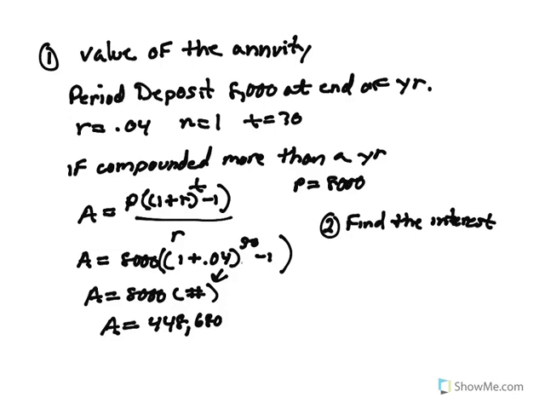Going back to what we calculated, we have to divide 1 plus 0.04 to the 30th power minus 1 by the rate, which I forgot to do. So let me go back here and correct that.